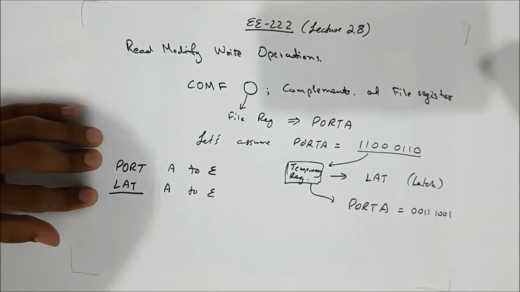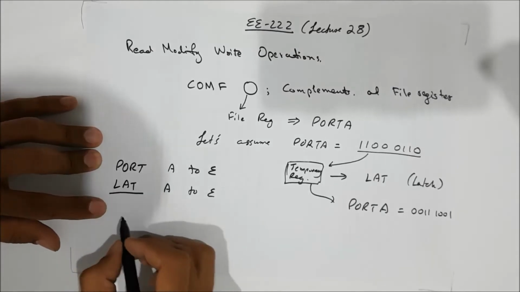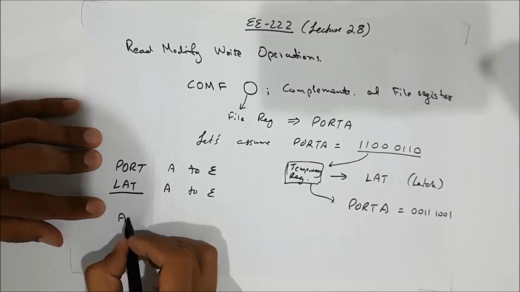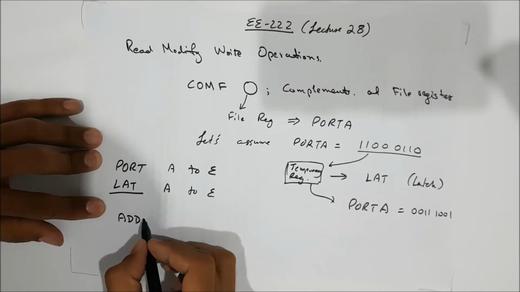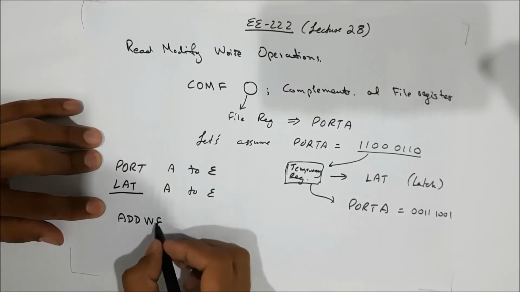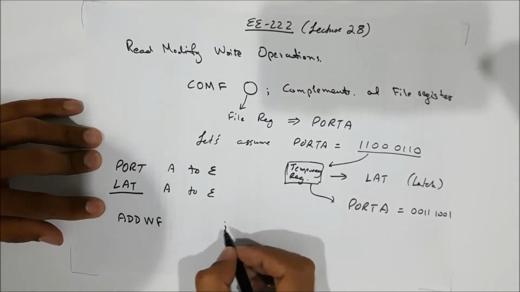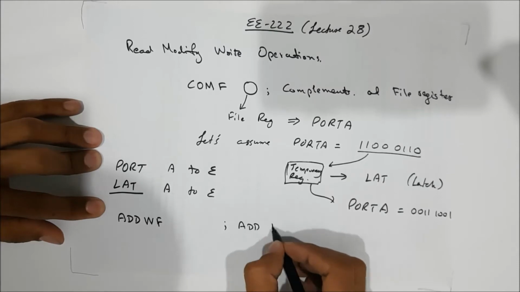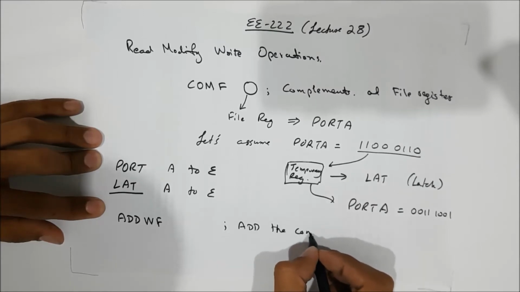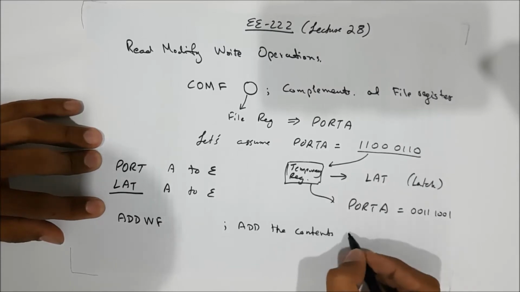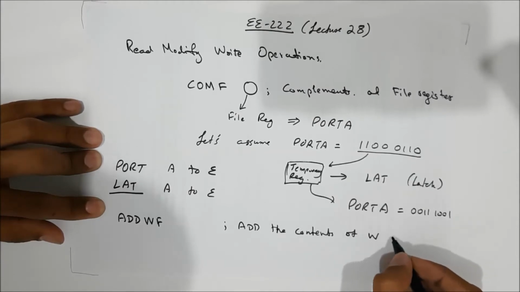Another example of read, modify, write operation is ADDWF. ADDWF will add the contents of W register to the file register.